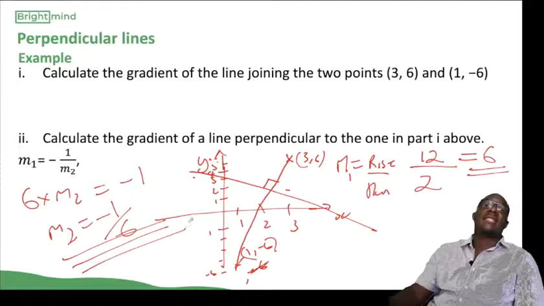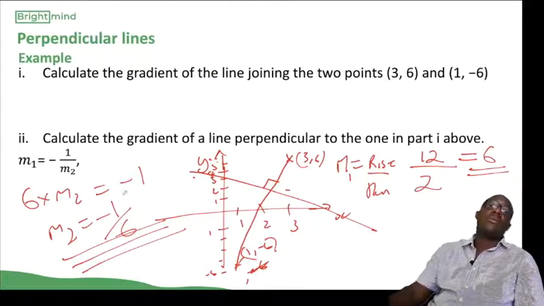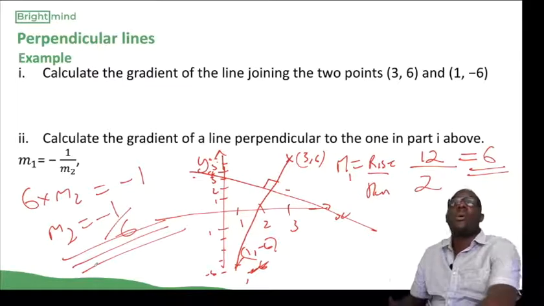Which makes sense. This line was quite positive and steep, so the perpendicular line must have a negative gradient, go downwards from left to right, and could be quite shallow, so that this is a right angle. So when you draw it, when in doubt, draw it out. You can really visualize what you need to know or the answer.